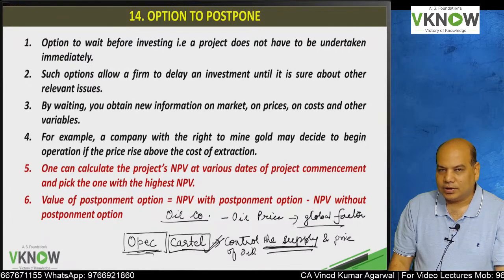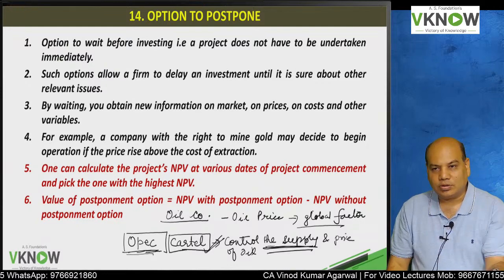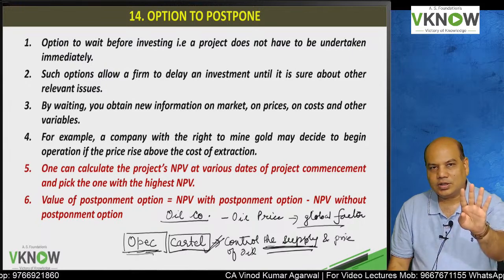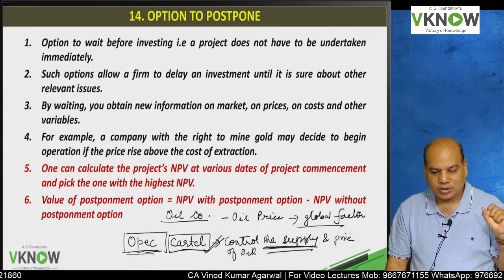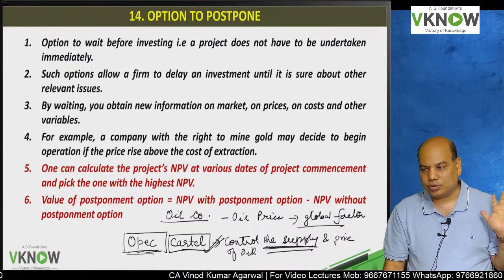So I will either open the oil company now, start working on it, or I may wait for 1 year. Let us see what is the market condition after 1 year, and then I will take a decision. That is called option to postpone.